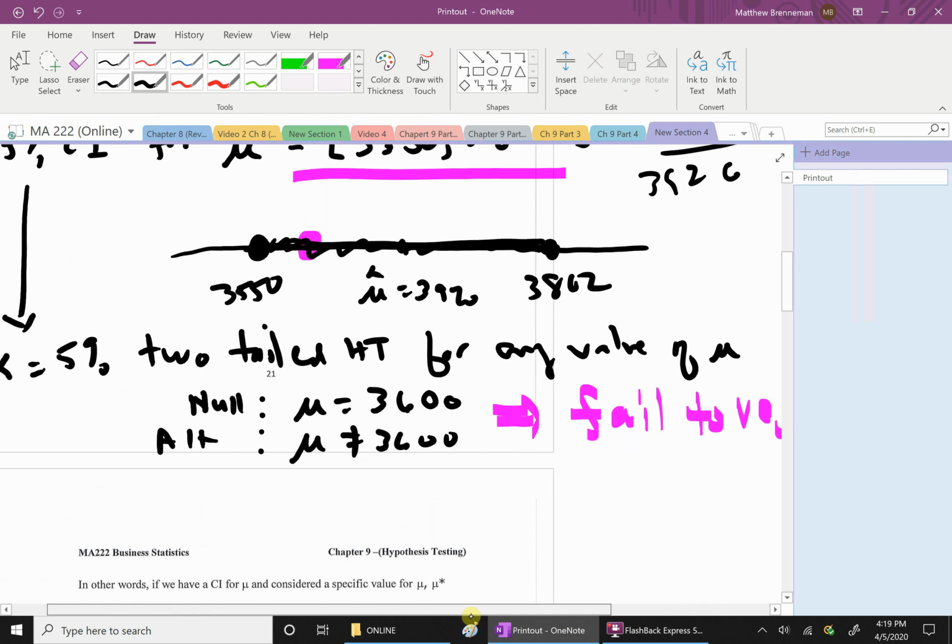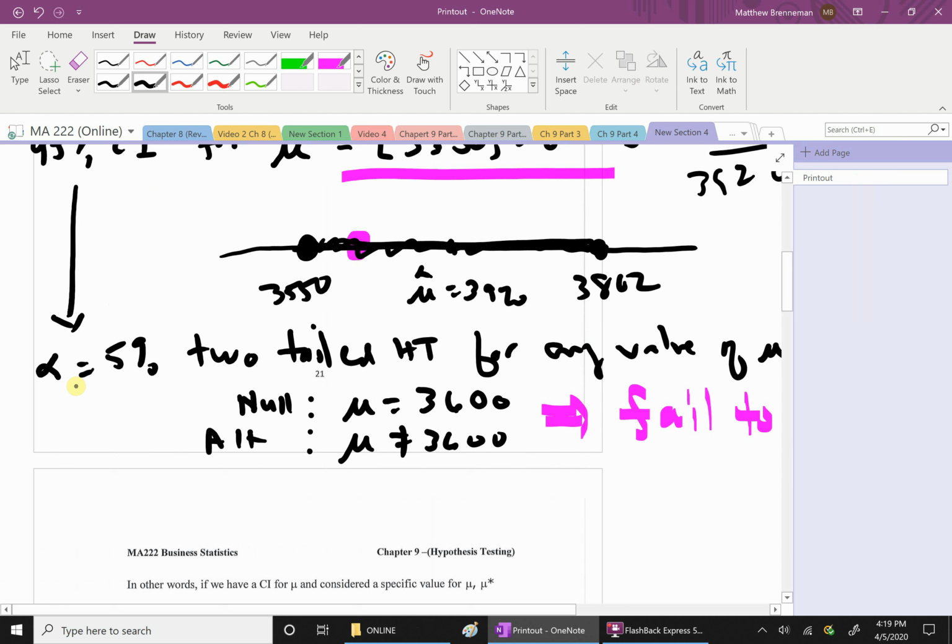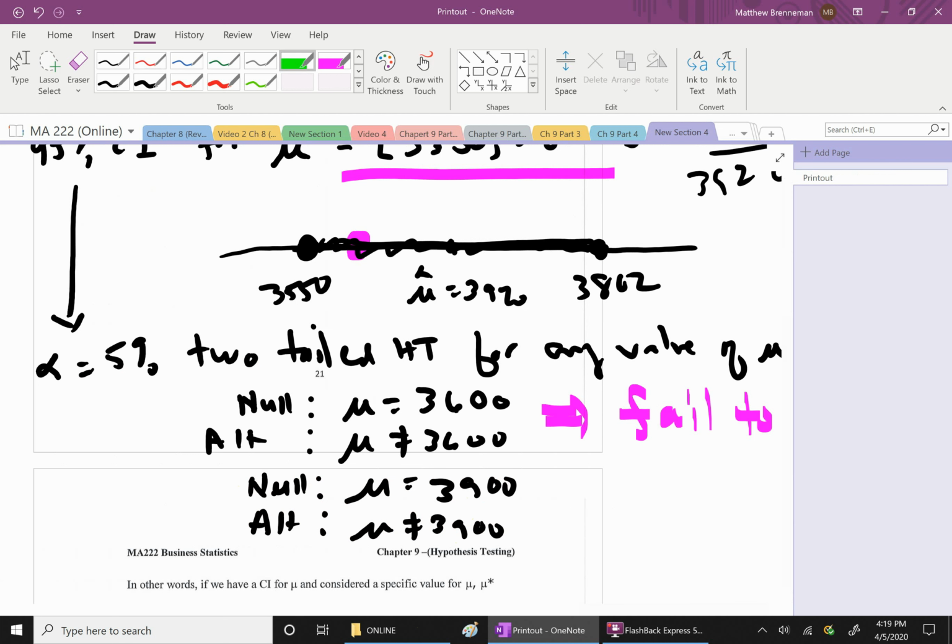So now suppose Abe wanted to run the hypothesis test again at 5% for a two-tailed test, but now he uses the null that the population mean is 3,900. And again, the alternative is that it's not. What would he decide using the confidence interval? Well, let's look at our value 3,900. It's up here. It's outside the confidence interval. So he would reject the null.